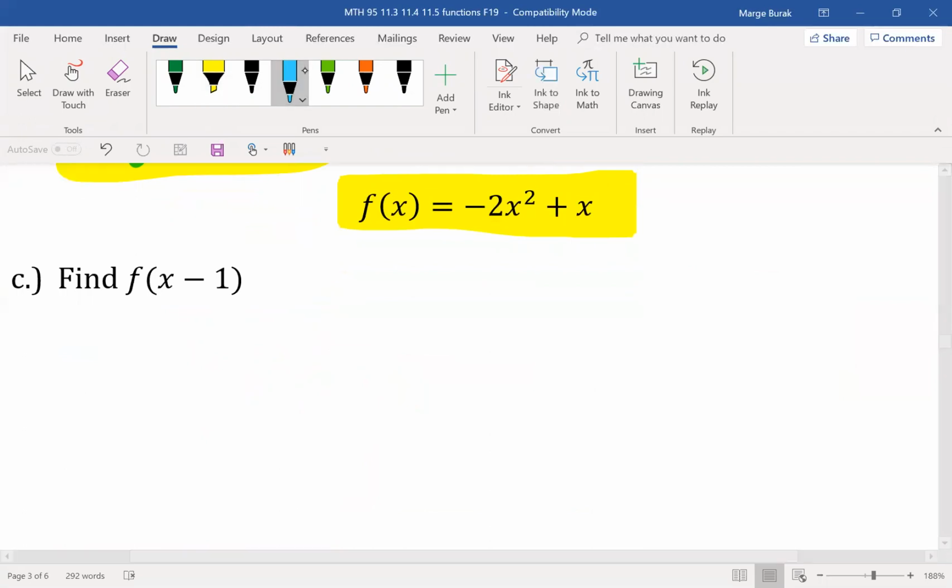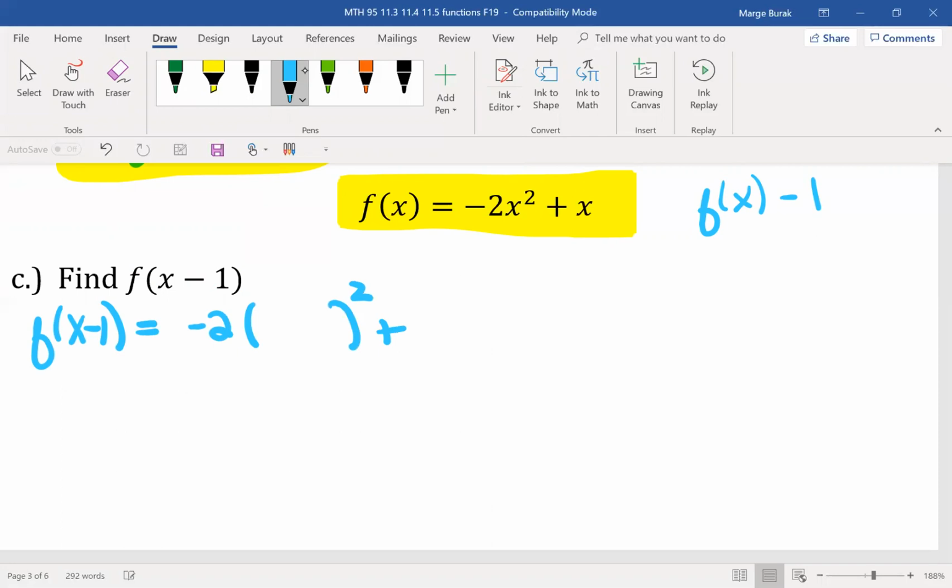So what we do is we have to put that whole x minus 1 inside where our x is.